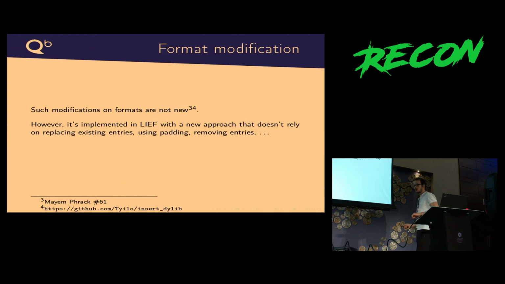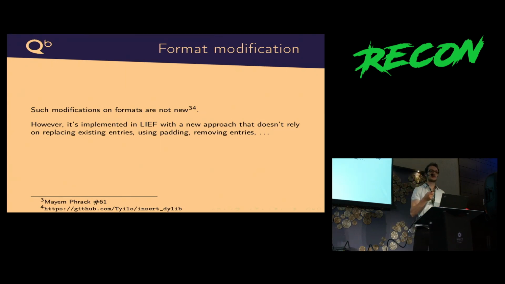So actually, this kind of modification is not new. It has already been described in Phrack 61 in 2003. And there are also some libraries that do injection of load commands in Mach-O formats. But the way it's implemented in LIEF is different.